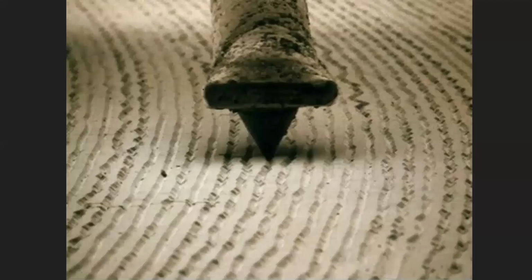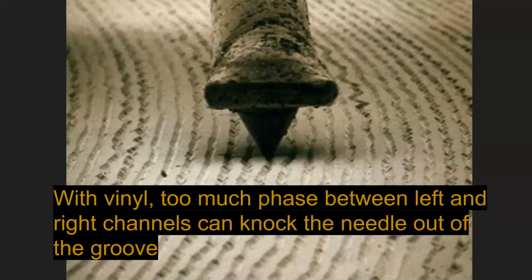And if you're doing vinyl, it's even worse, because if you have big differences in the left and right signal, you're actually going to fall out of the groove. So it's important to not have too much difference between left and right, especially on those low frequencies where all the power is. When music is played back live, it gets collapsed to mono.